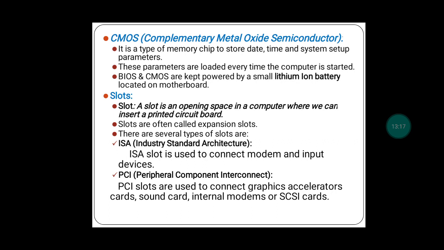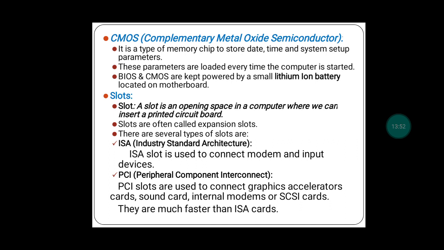Sound is required, right? We have built-in sound for a computer system. To connect all these things, we need a slot called the PCI slot, and these are much faster compared to ISA cards.